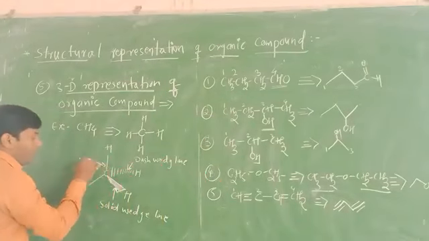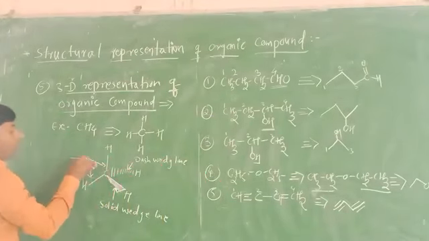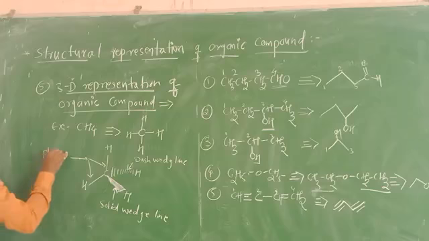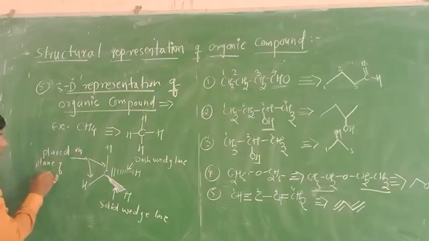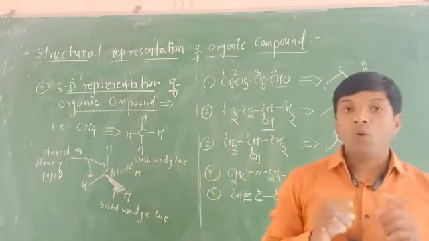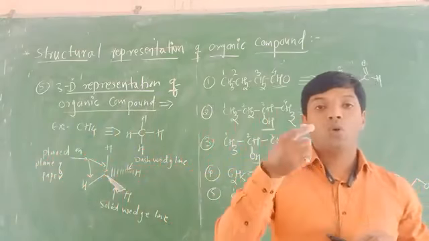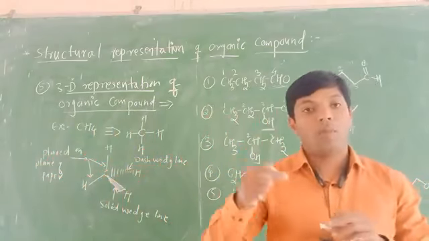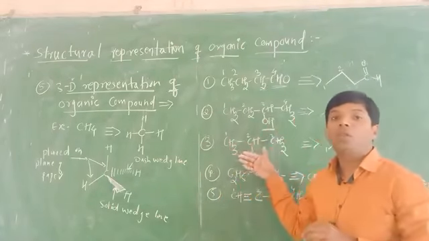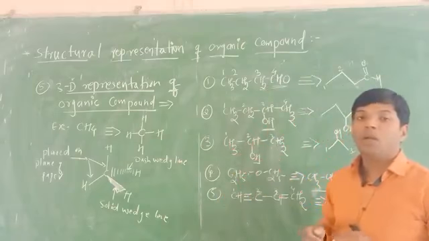So these 2 lines are placed on the plane of paper or plane of the board. Out of 4 bonds, the 2 carbon hydrogen bonds are held or placed on the plane of the paper.